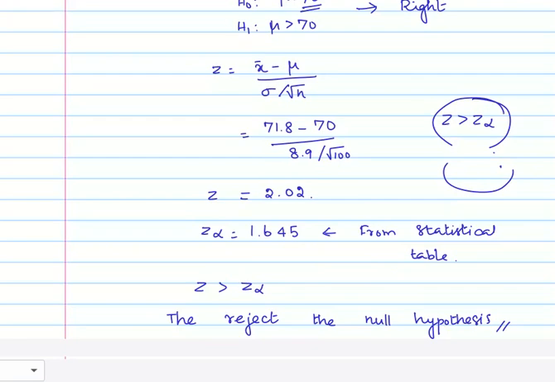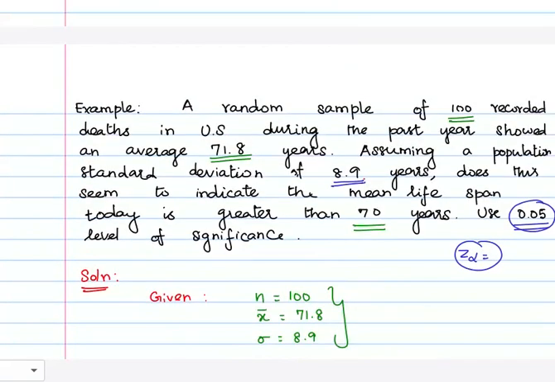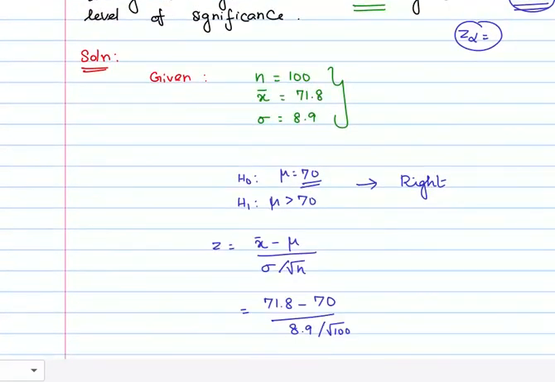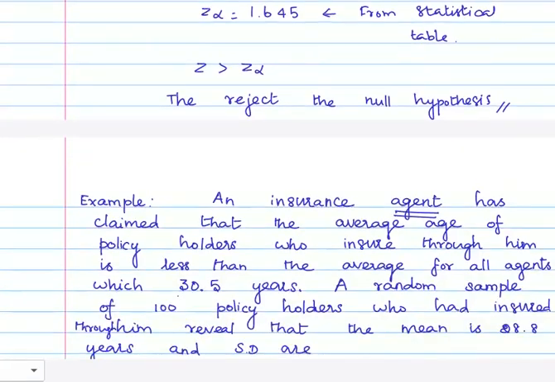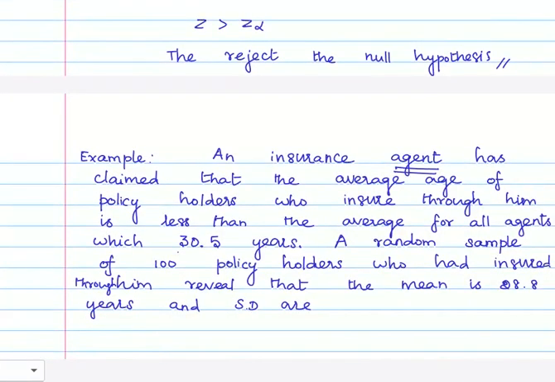Next step, in the next example we are going to see a case where they do not give the population standard deviation. In this example, the insurance agent has claimed that the average policyholder insured through him is less than 30.5 years.